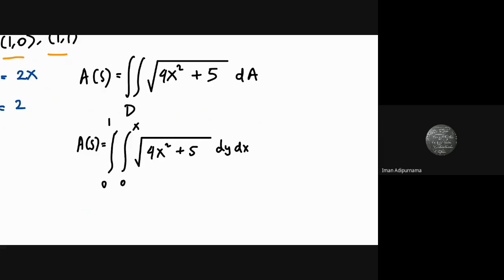And then we can start to integrate. So integrate with respect to y. So we will have y times the square root of 4x squared plus 5. And then plug in 0 to x.